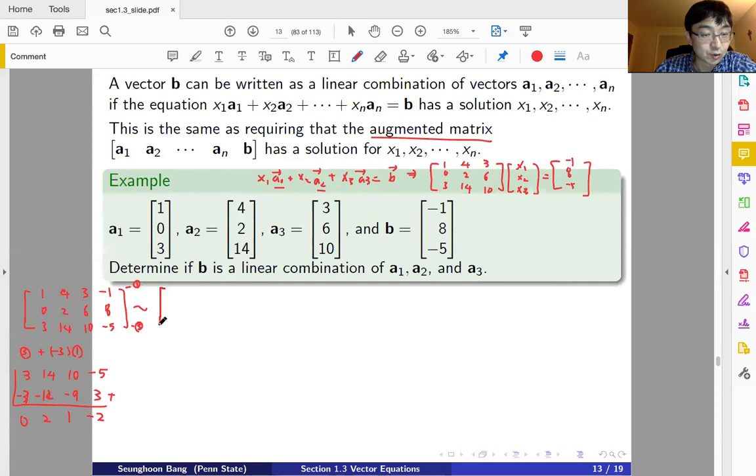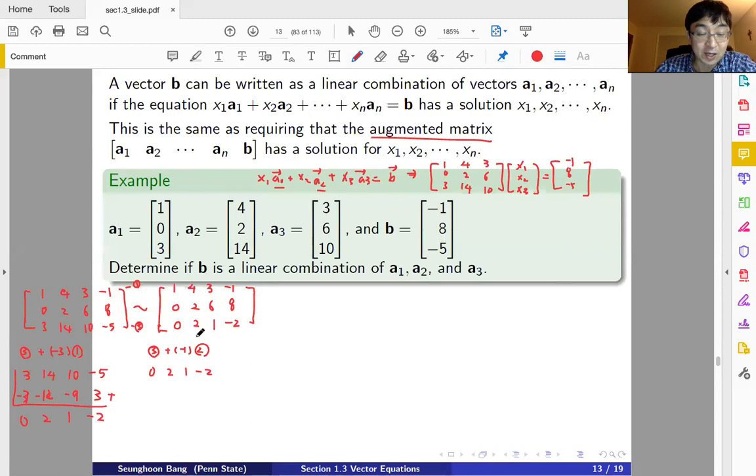So the first row is exactly the same: 1, 4, 3, -1. The second row is 0, 2, 6, 8. Don't change. The third one is 0, 2, 1, negative 2. The next, you have to eliminate this 2. Similarly, the third row plus negative 1 times the second row. The third row is 0, 2, 1, negative 2.